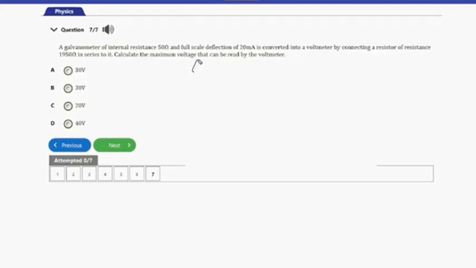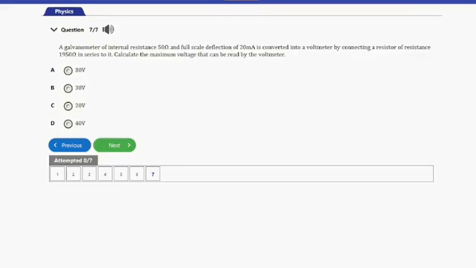So here, the current is given, which is 20 milliamps, and that's 0.02 amps. So we're just going to do 50 ohms times 0.02 amps, and that's for the galvanometer, then plus 1950 ohms times 0.02 amps, and that's for the external resistance.